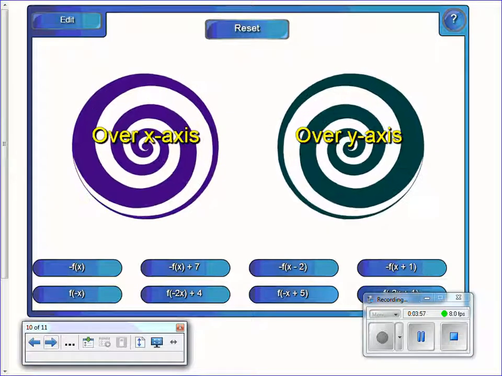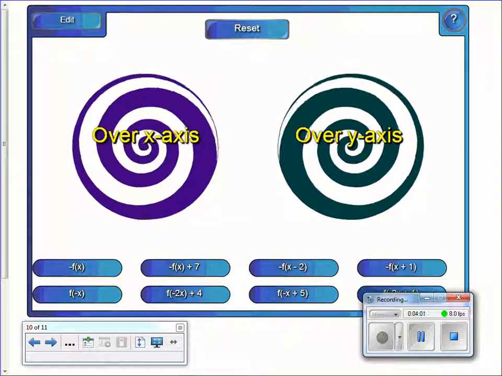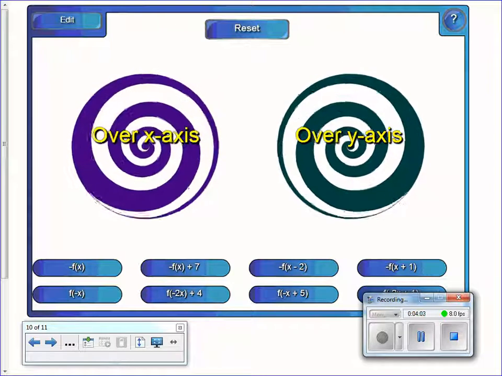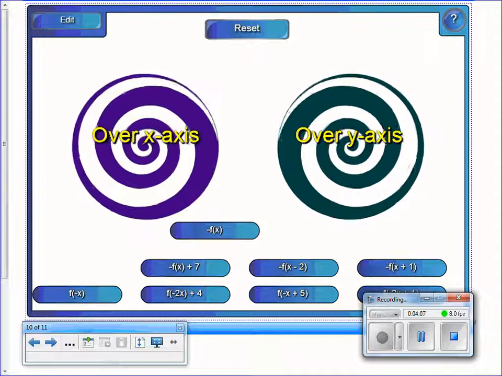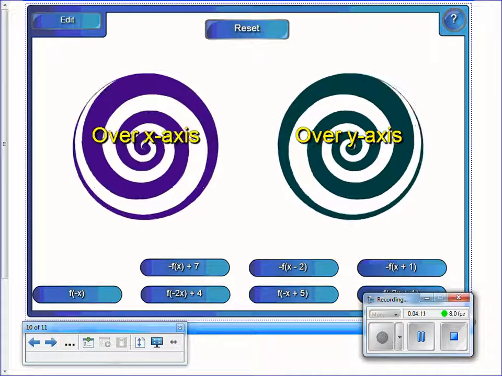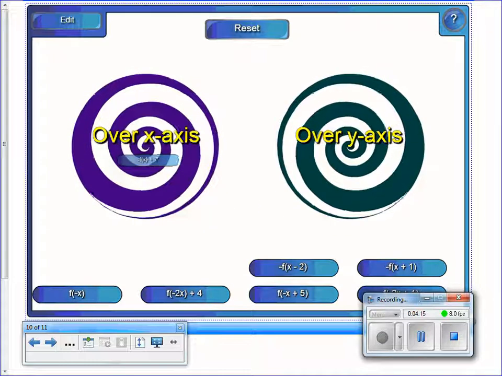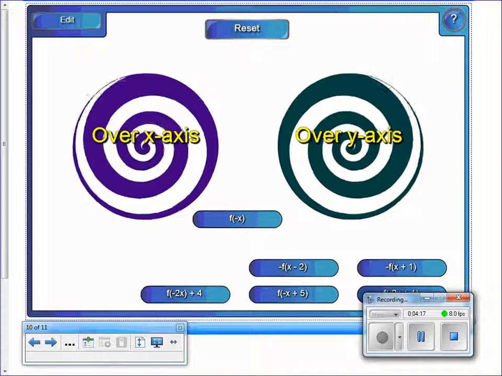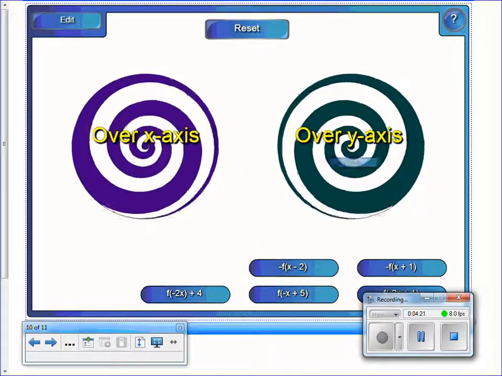Looking at these, we need to determine whether it is over the x or over the y. In this first one, the negative is outside, so it's going across x. This one, the negative is on the outside, so it's going across x. This one, the negative is on the inside, so it's going across y.